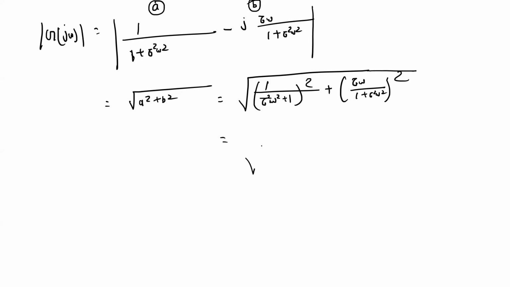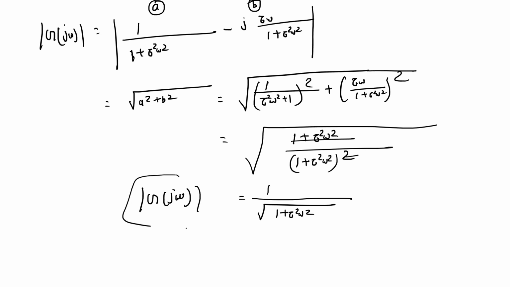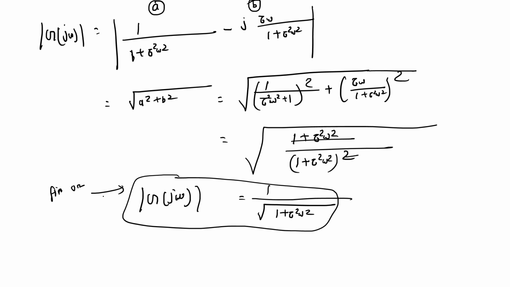Finally I'll get 1 plus tau square omega square divided by 1 plus tau square omega square whole square, so this will cancel out. We get 1 upon root over 1 plus tau square omega square. So the magnitude of G of j omega equals 1 upon root over 1 plus tau square omega square, and this is for the first order system.